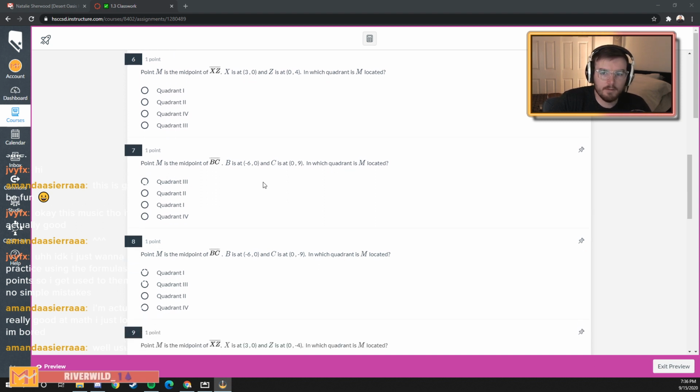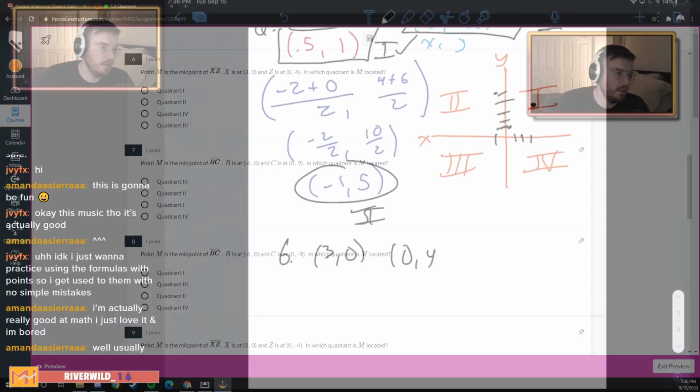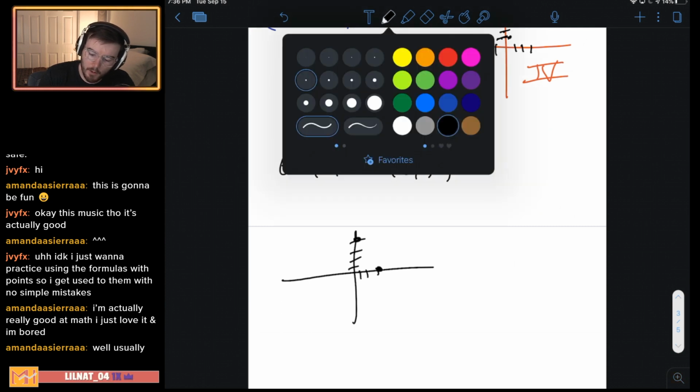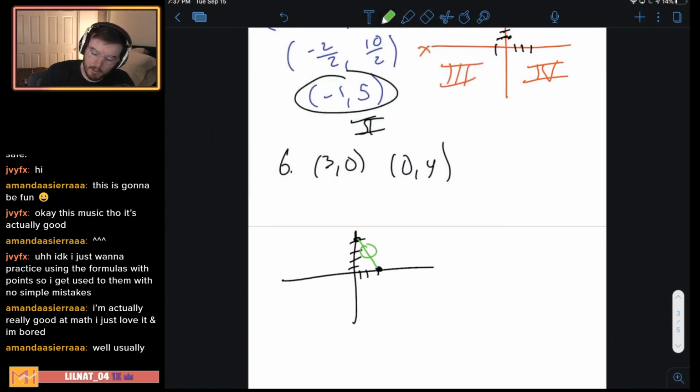For some of these, you almost don't have to find it. For example, number 6 there. (3, 0) and (0, 4) are the 2 points, and it says what quadrant is the midpoint located in. Well, if you just plot those 2 points, 1, 2, 3, 0, and 0, 4, you know the midpoint has to be right in there somewhere.